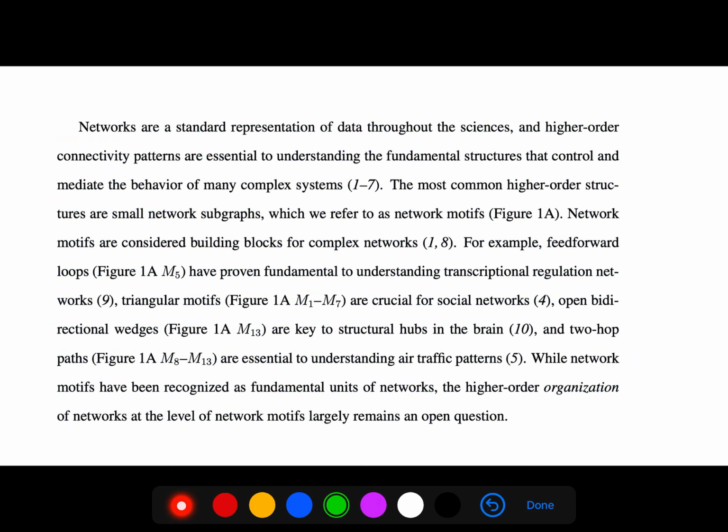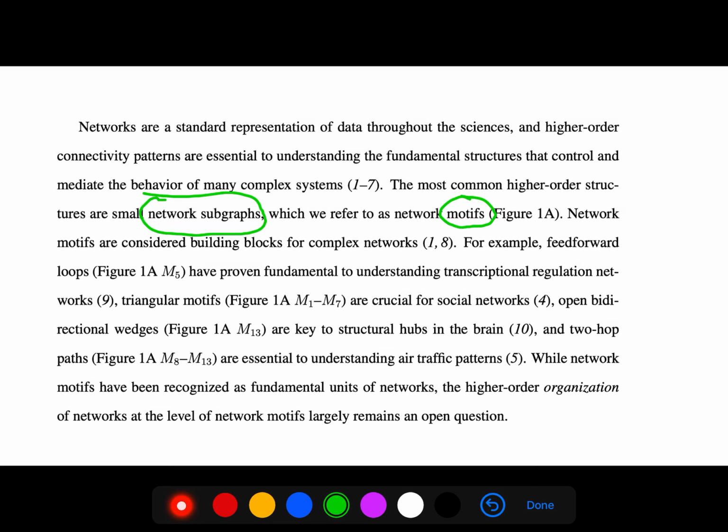So the most common higher-order structures are small network subgraphs, which we refer to as network motifs. Network motifs are considered building blocks for complex networks.